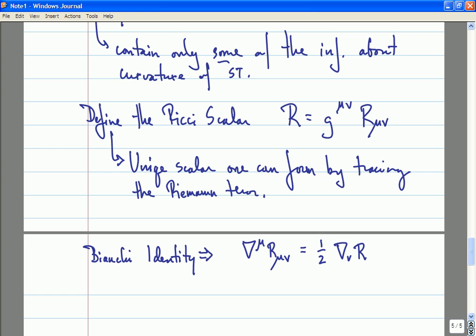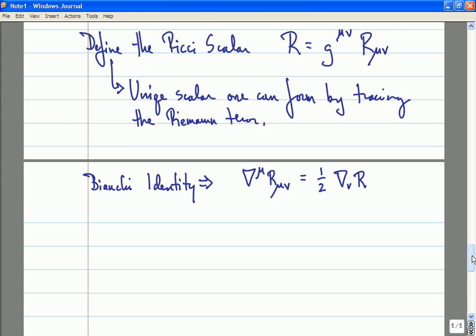So, why is that interesting? Well, we can define the following combination of the Ricci tensor and the Ricci scalar. Let's define something that I will call G mu nu. It's the following linear combination of the Ricci scalar and the Ricci tensor. I've included a factor of the metric there because, like the Ricci tensor, the metric tensor is also a symmetric two-index object.